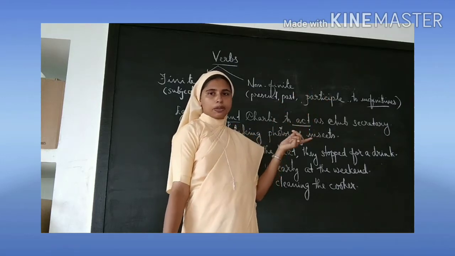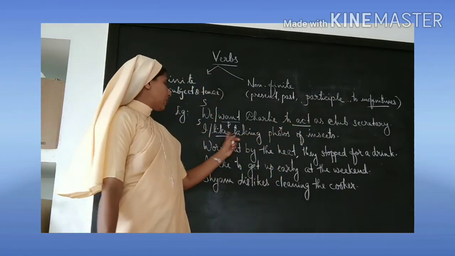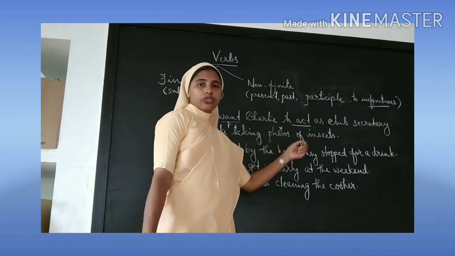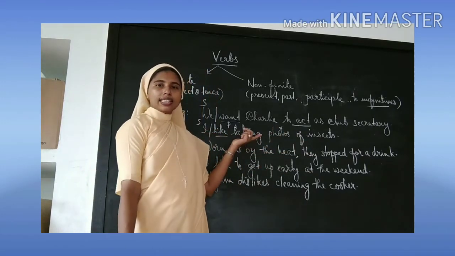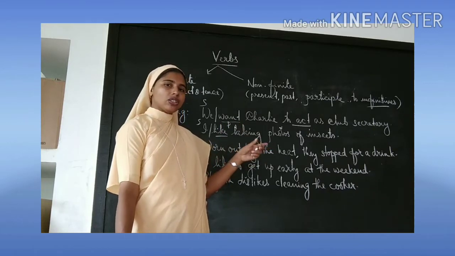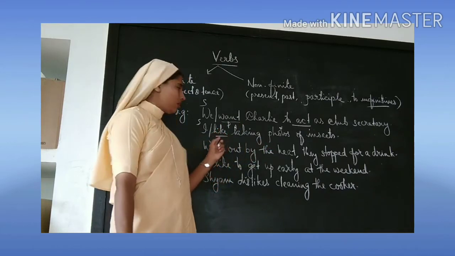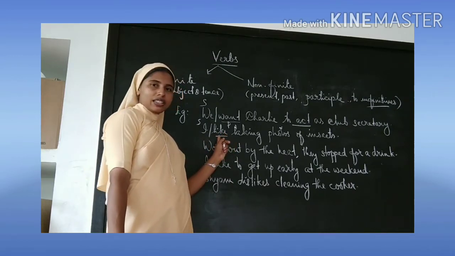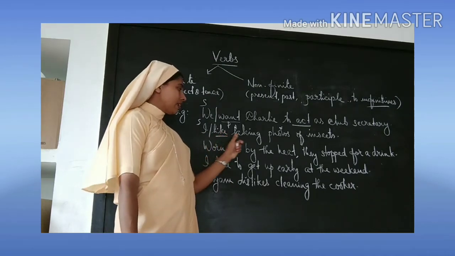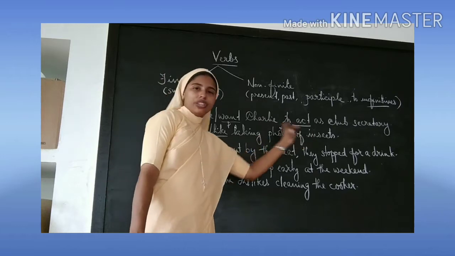The -ing forms are present participle. So, I like taking photos of insects. Let's change the subject and examine whether there is a change in the structure of the verb according to the subject. She likes. See, the change is here. She likes taking photos of insects.